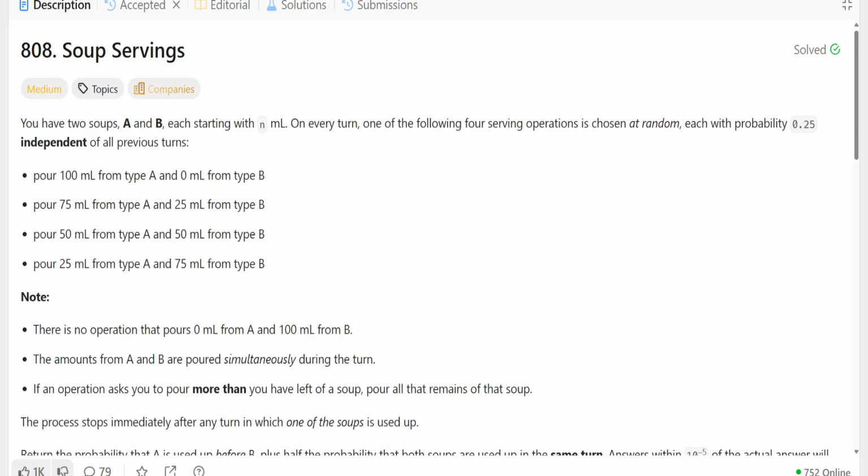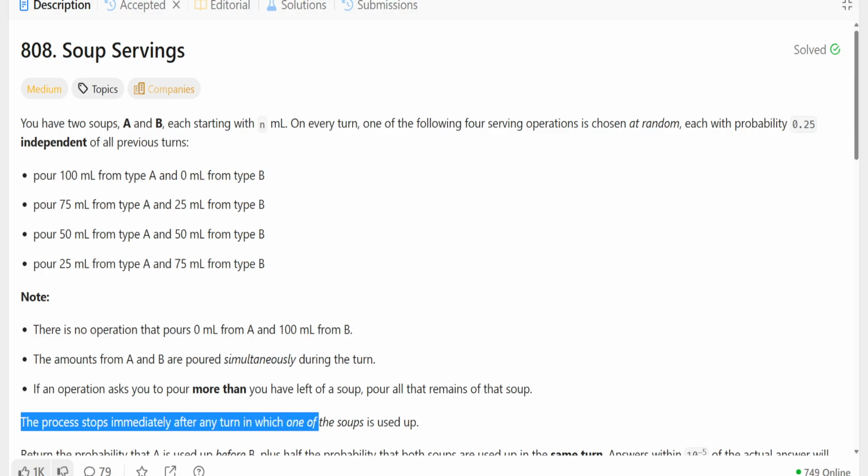If an operation asks you to pour more than you have left of the soup, pour all the remaining soup, and the process stops immediately after any turn in which one of the soups is used up.